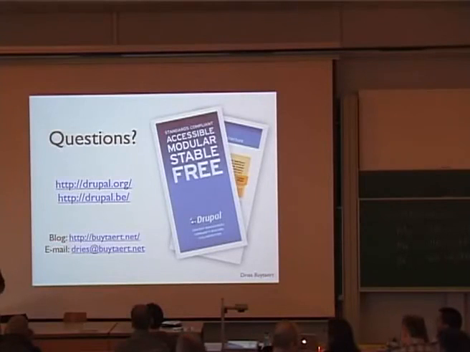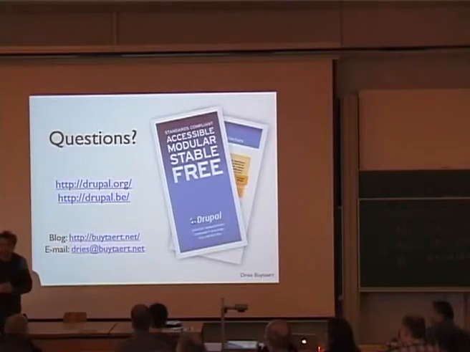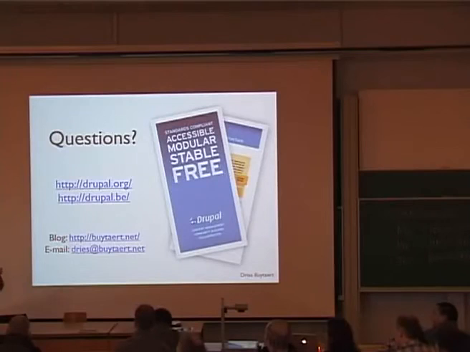But the way to use it is by installing one or more additional modules. And through these modules, you'll be able to express various things like allow people in this role to access content in this category, or allow people with this role to access content of this type.